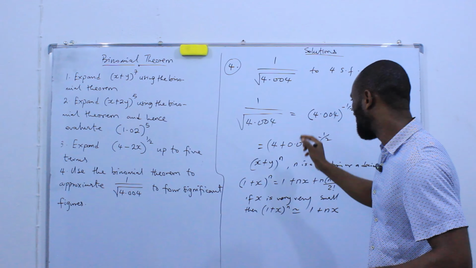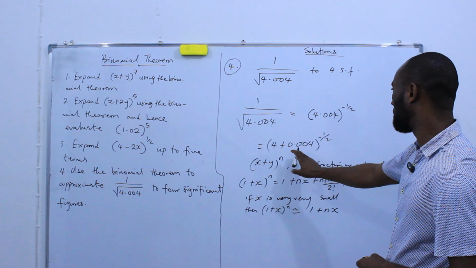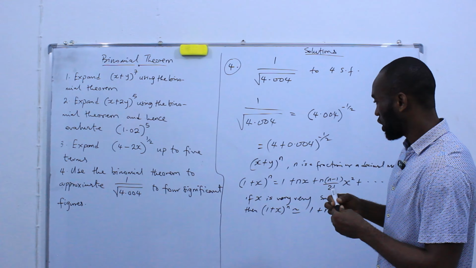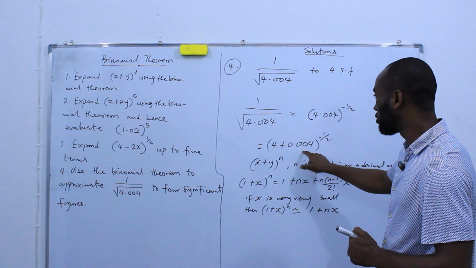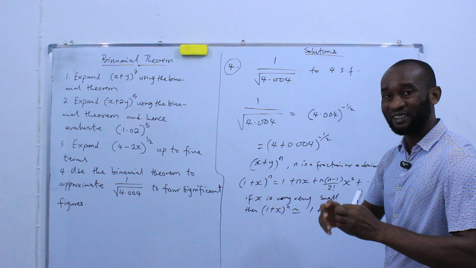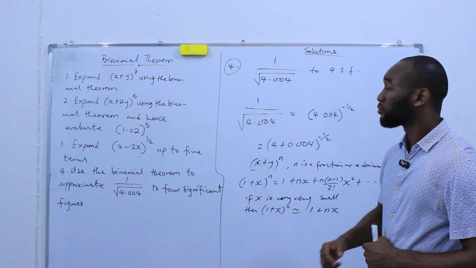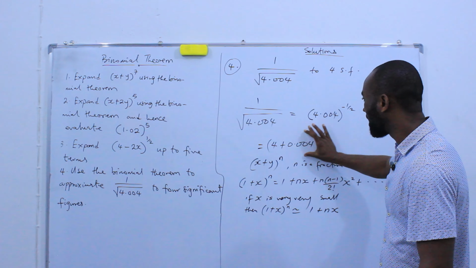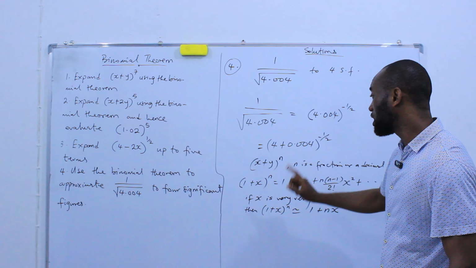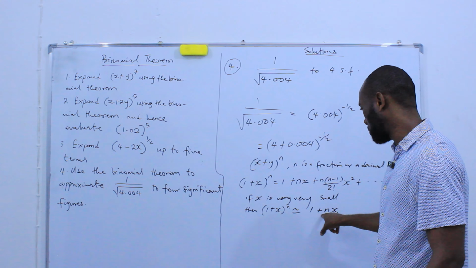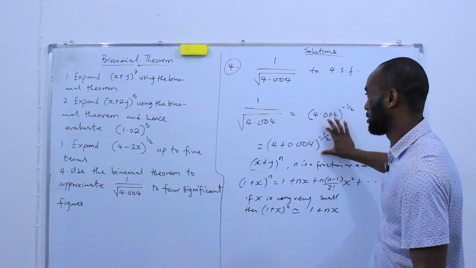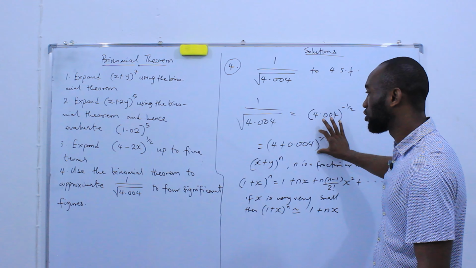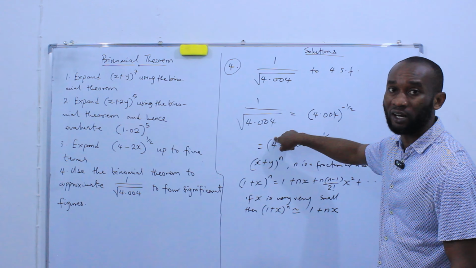Now, having separated this, you can see that if 4 is our whole number and 0.004 becomes our x, then x is very, very small. But we are not done with simplifying this bracket, because if we are to apply this expression 1 plus nx on this 4 plus 0.004, this form must become 1 first.